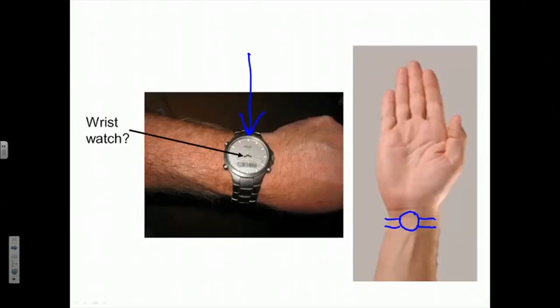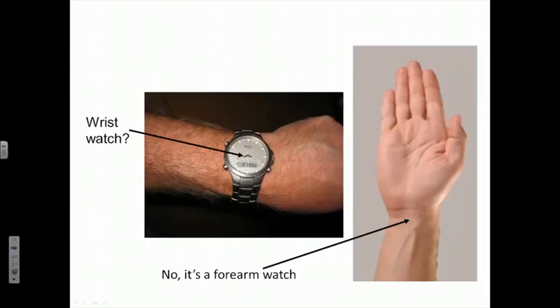So technically speaking, or anatomically speaking, that is not a wristwatch, it's a forearm watch because you're actually wearing it on your forearm. So the next time you're in the market, stop into your neighborhood jeweler and ask if you can see a series of forearm watches and see what their expression will be. But you're speaking correctly anatomically because this is where we actually wear this structure.